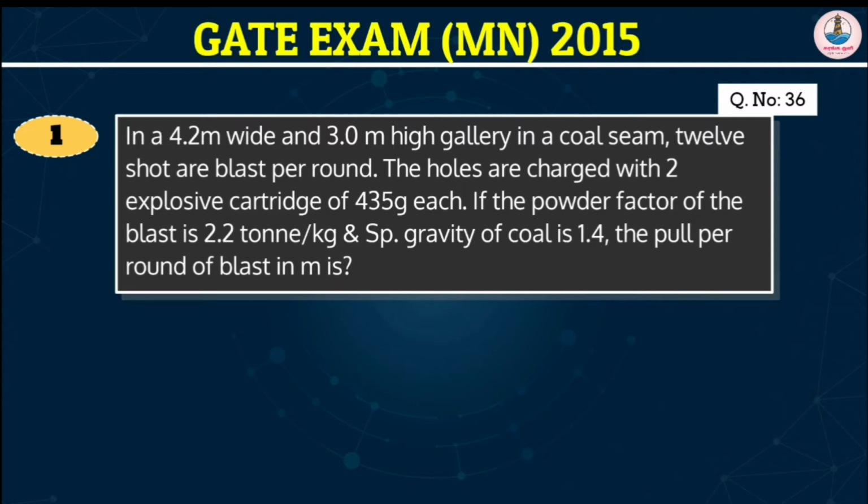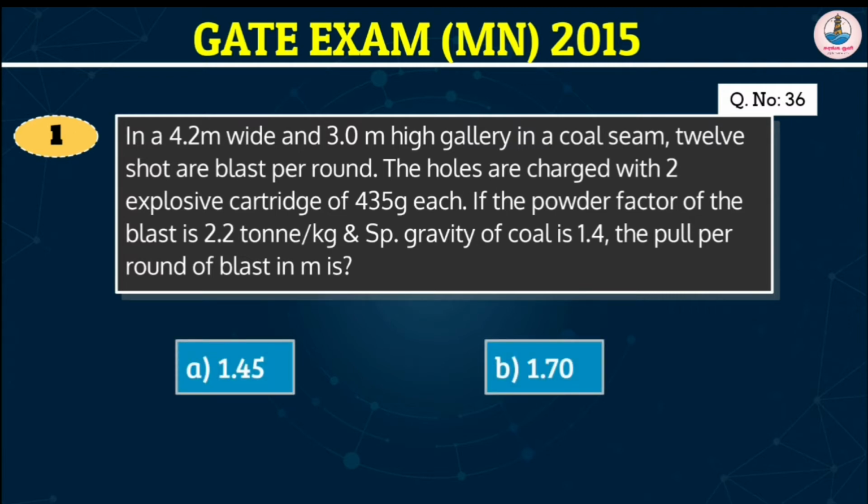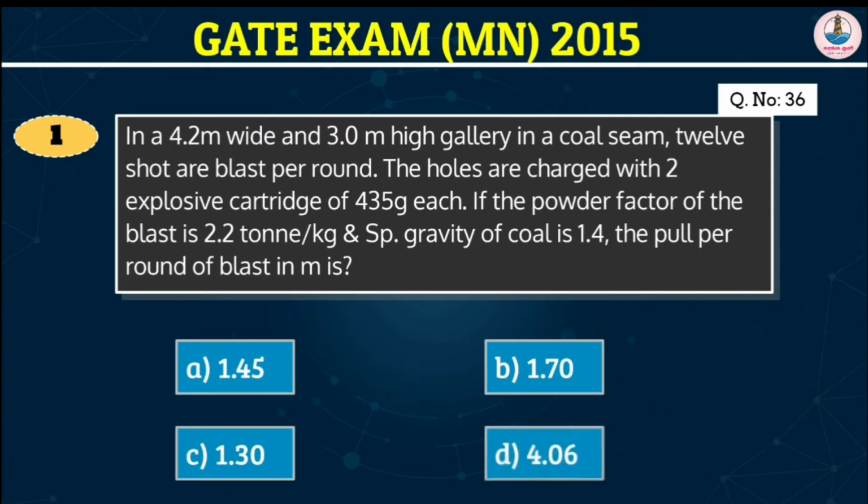If the powder factor is 2.2 tons per kg and specific gravity of the coal is 1.4, what will be the pull per blast in meter? It is a multiple choice question. Option A 1.45 meter, option B 1.70 meter, option C 1.30 meter, option D 4.06 meter.